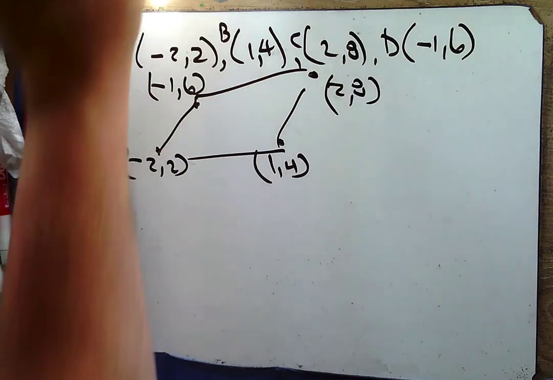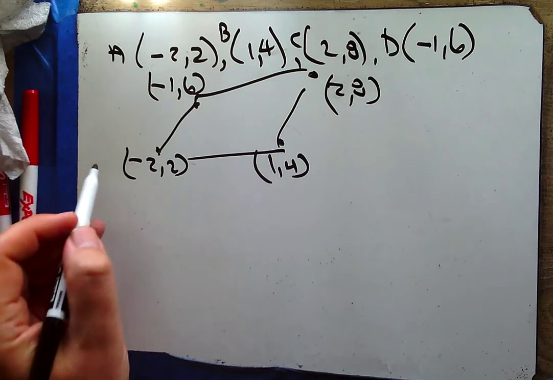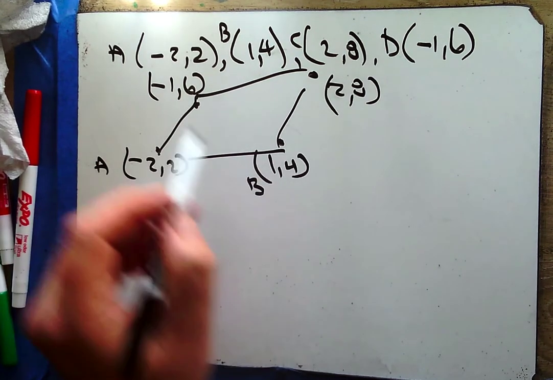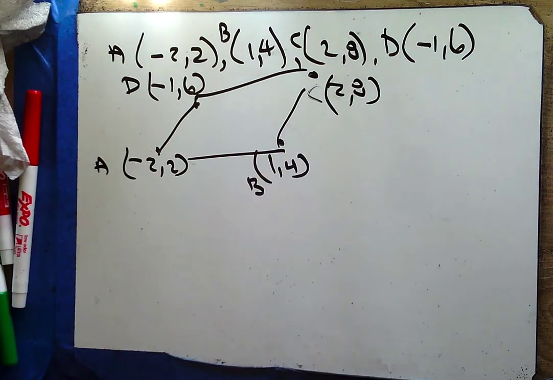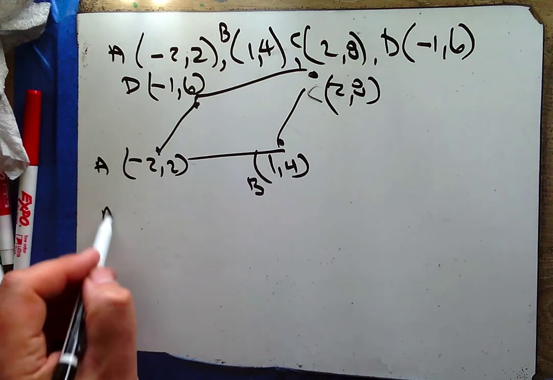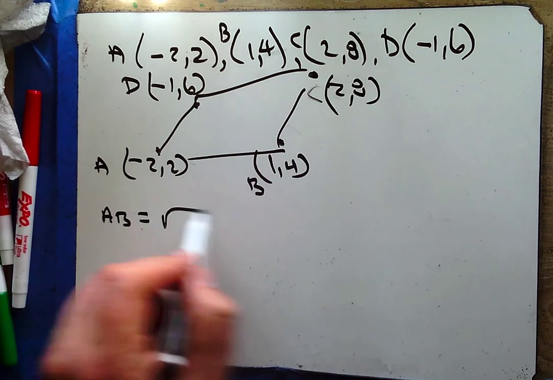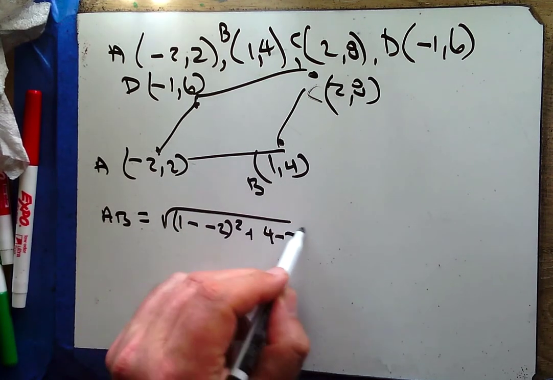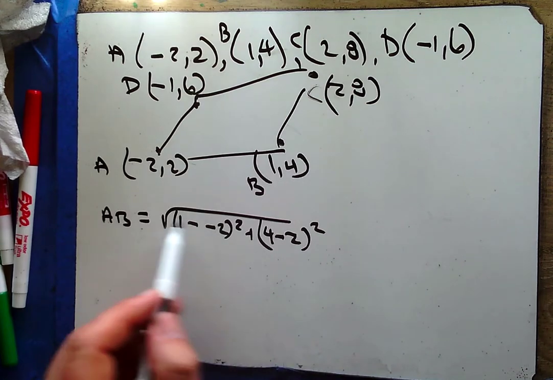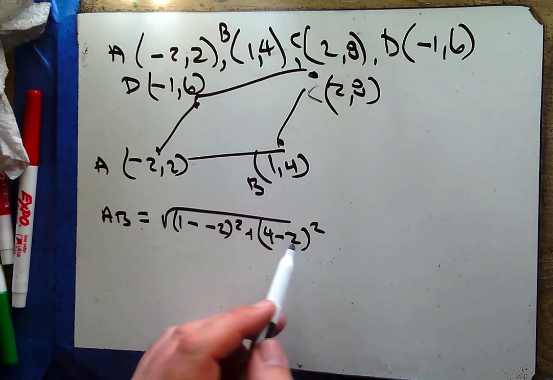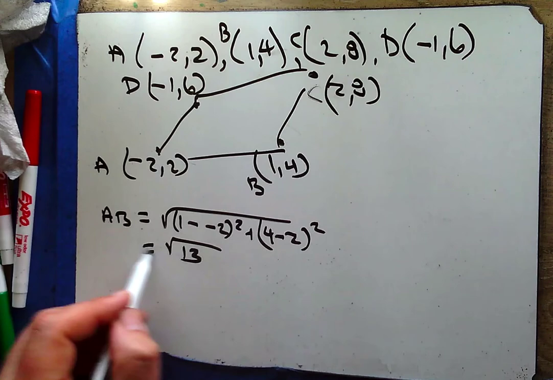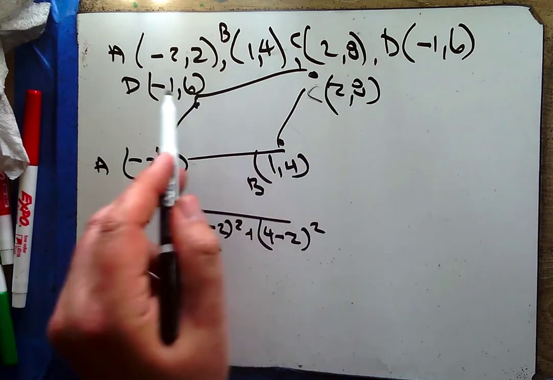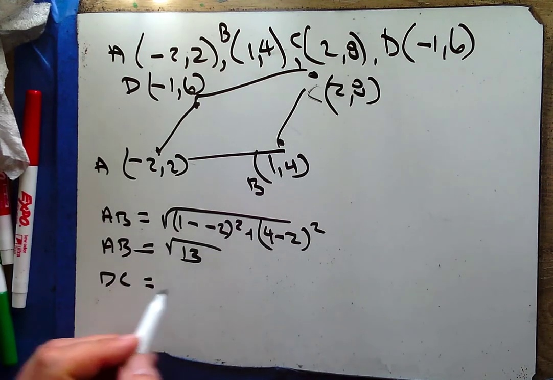All right, welcome back. So we've got A, oh, B, D is over here, 6 there. Okay, so AB, 1 minus 2 squared plus 4 minus 2 squared. That's going to be 3 squared of 9. That's going to be 2 squared of 4, so I get the square root of 13. And then, what about the side opposite, DC?